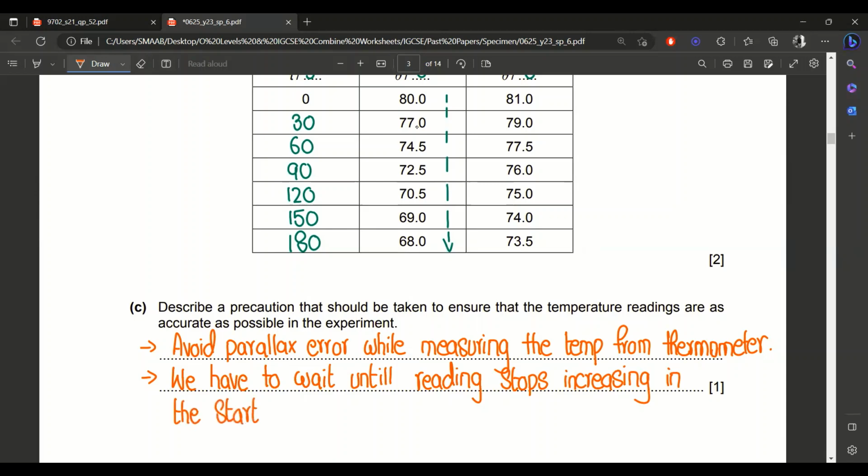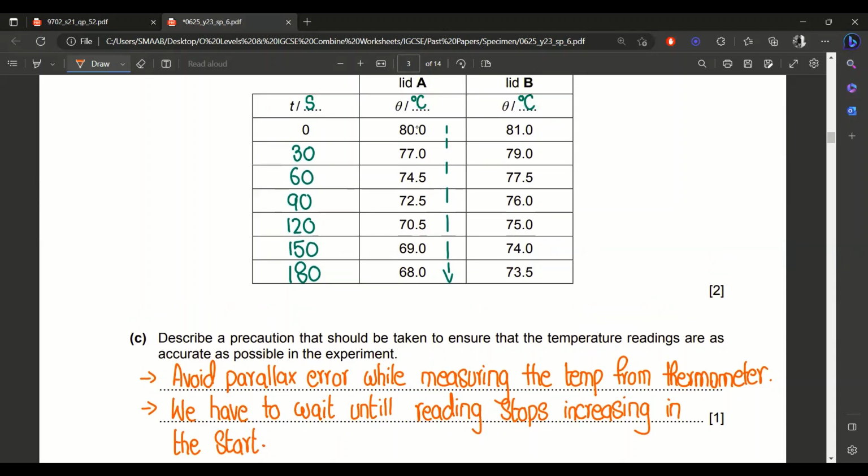Initially when temperature is rising, we have to wait until the temperature stops at a specific high temperature. Then we will start the reading while the temperature is dropping, right? So that is also important.